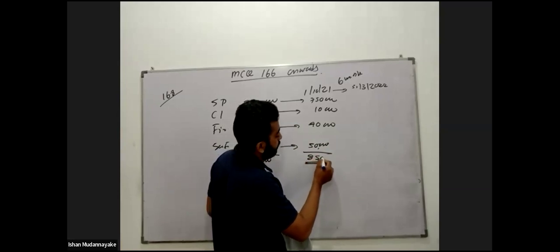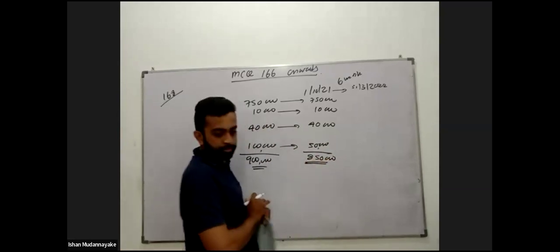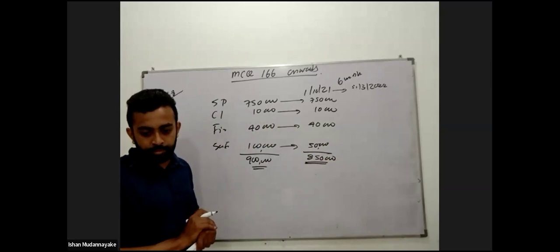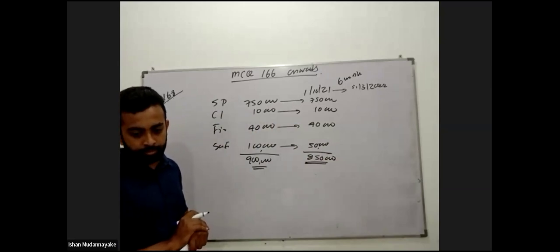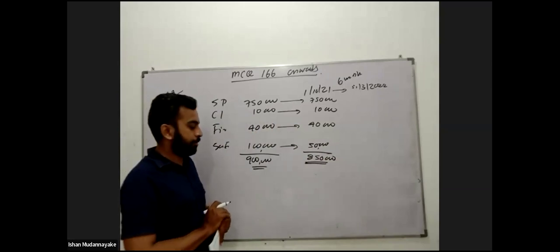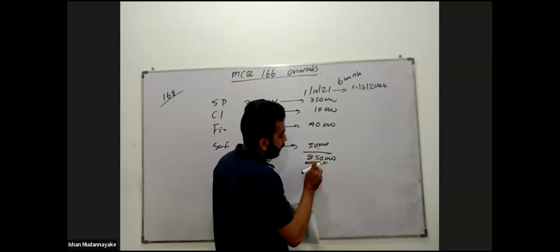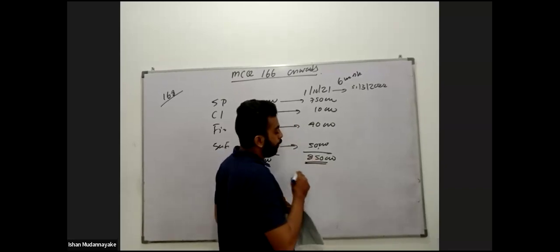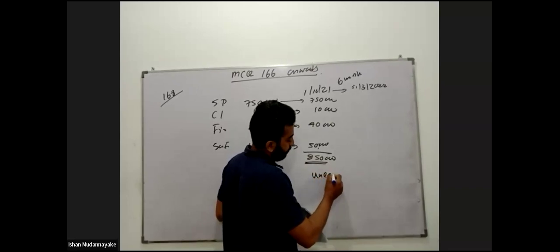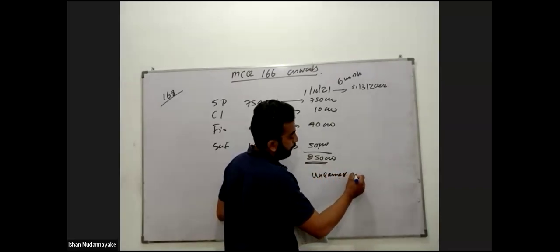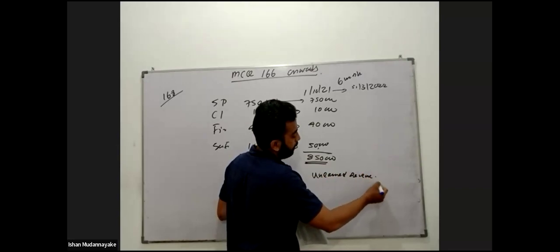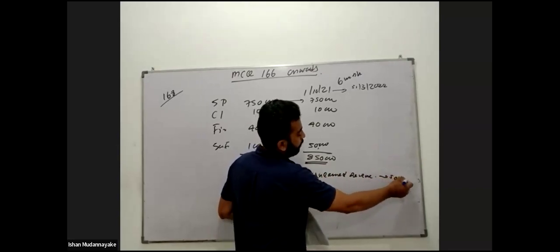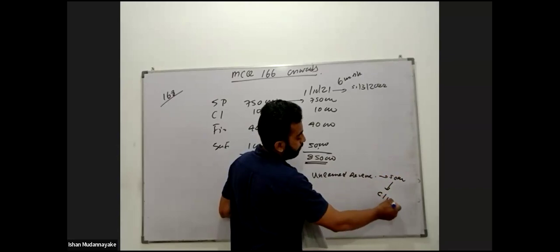750,000 plus 50,000, 850,000. Clear? Income for the year 850,000. Unearned income. Unearned revenue, how much? 50,000. Current liability.